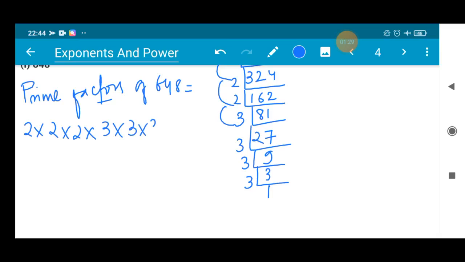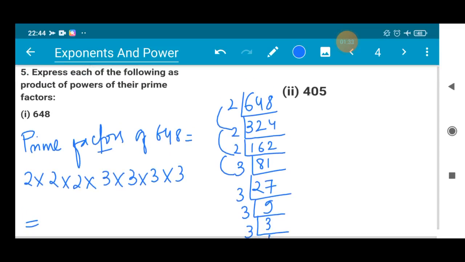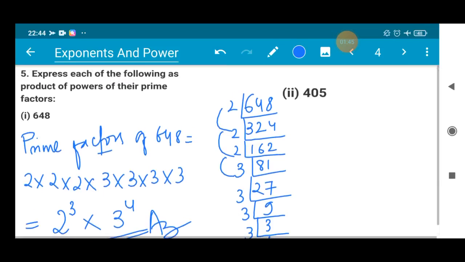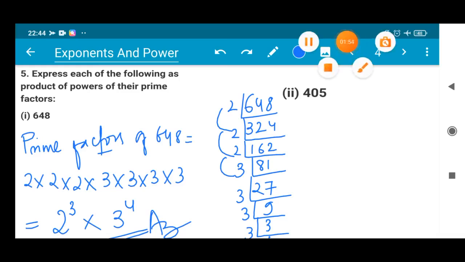Now they have said the product of powers of their prime factors, right? So how many 2s are there? 3. How many 3s are there? 4. So the value is 2 to the power 3 into 3 to the power 4 representing 648, which is in its prime factors form.